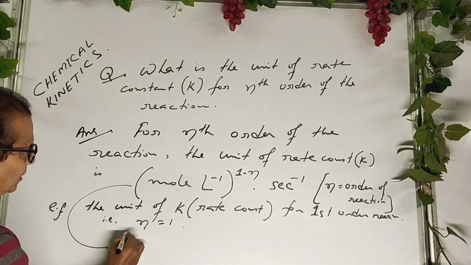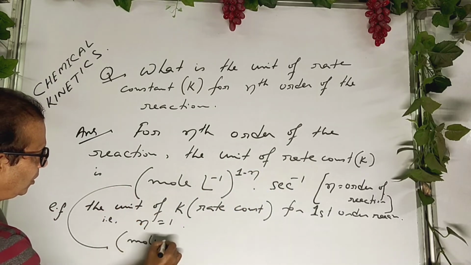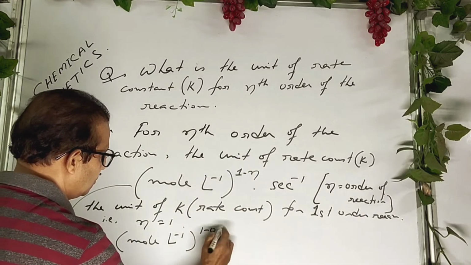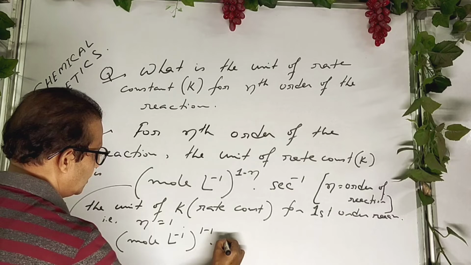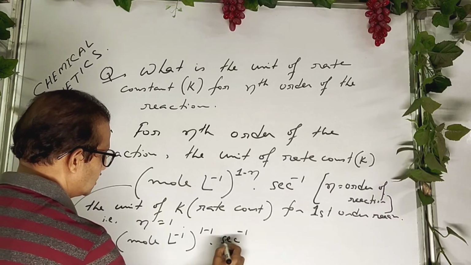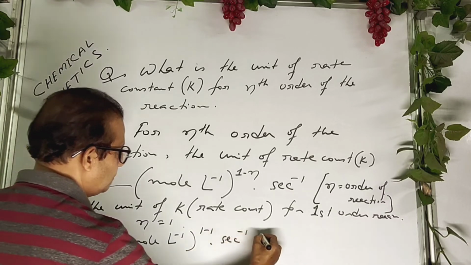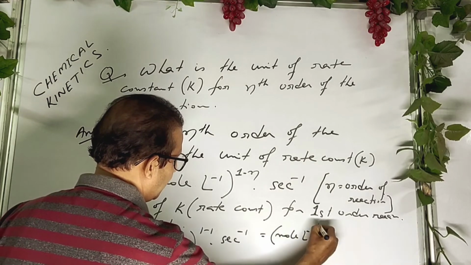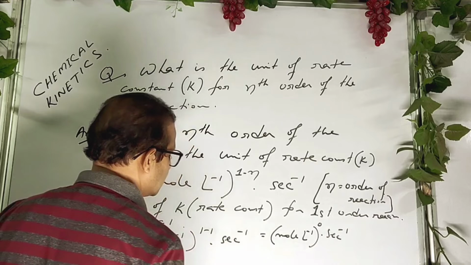So from here the unit is mole per liter to the power 1 minus 1, into second inverse, equals mole per liter to the power 0 into second inverse.